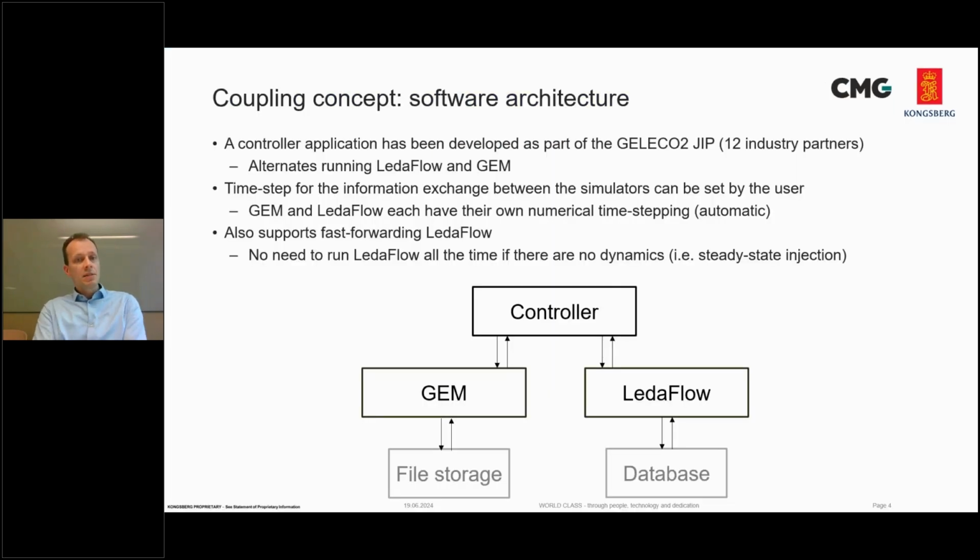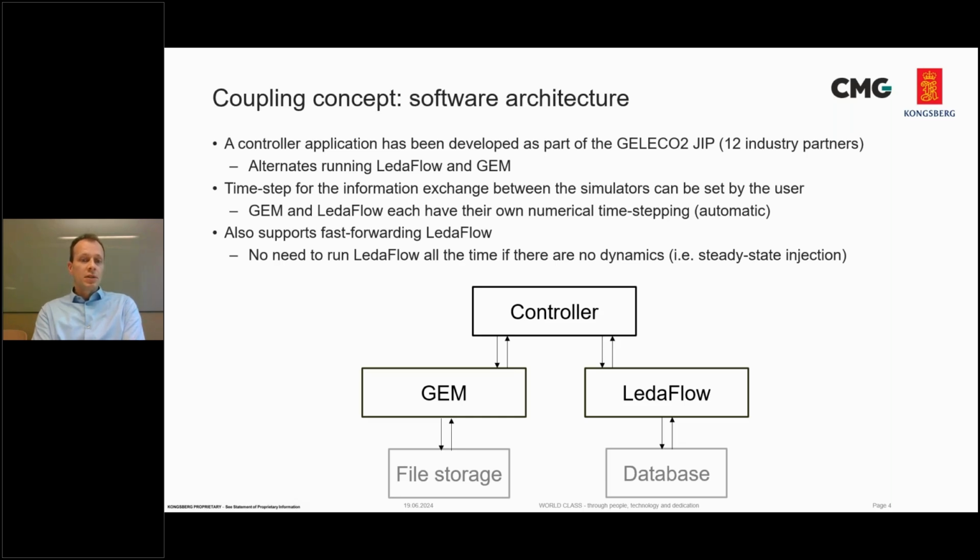Then the coupling concept, the software architecture is as follows. What we have done in the Jellicoe 2 JRP, which is an R&D project with 12 industry partners, is to develop a controller application that combines the two simulators. Essentially what it does is alternately run LedaFlow and GEM.